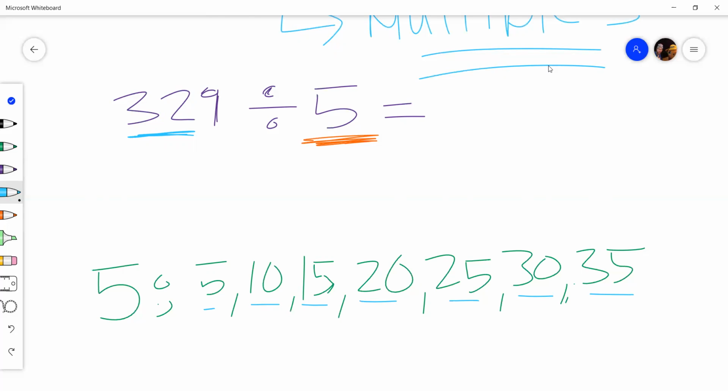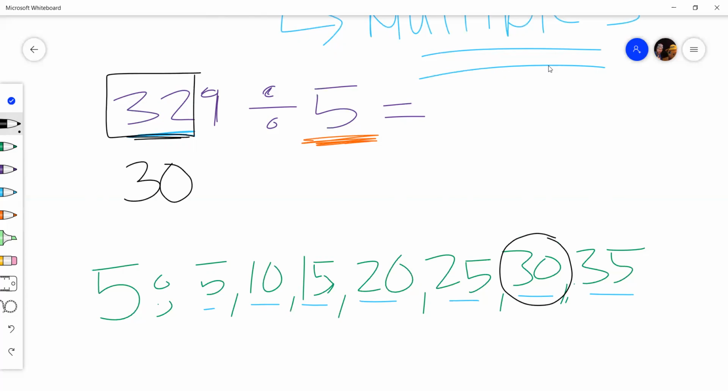Because again, I can always think about base 10. Look, 30 is really close to the 32 I see here. I know it's not 32, but I'm just using that as reference. So I could round this to 30, right?